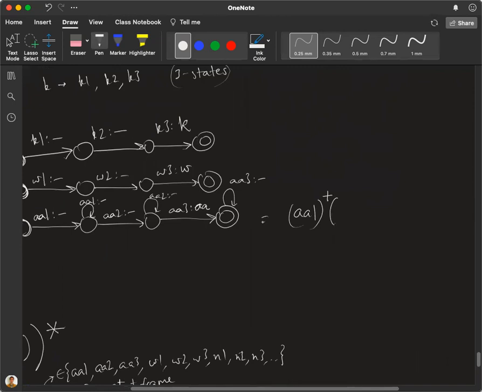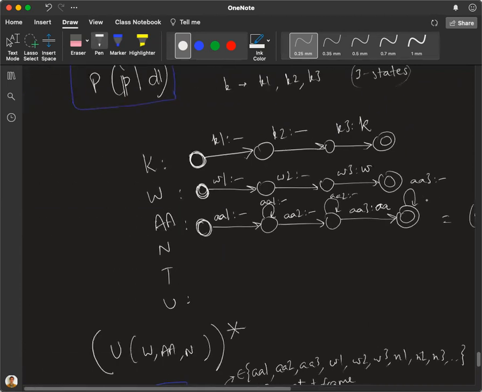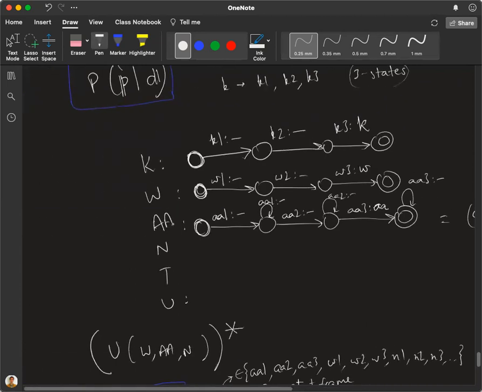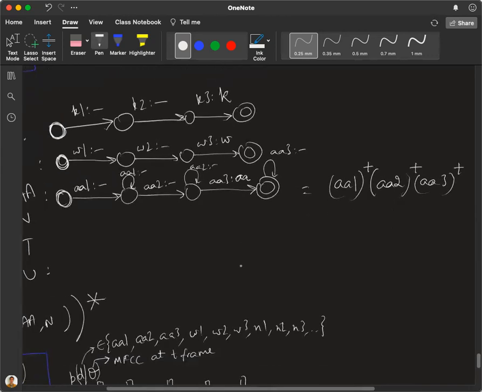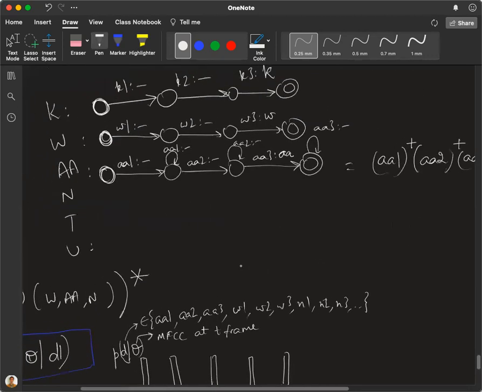Then R2 with a plus sign, then R3 and a plus sign, right? So that is your FST. It is composed of R1 with a plus closure, R2 with a plus, R3 with a plus, right? So similarly, this will happen here as well.